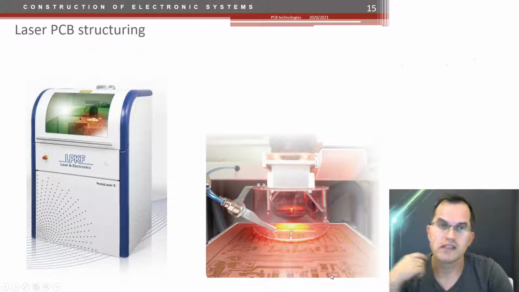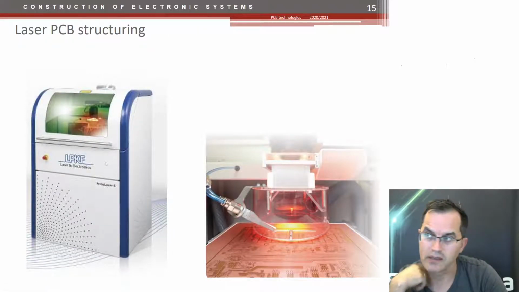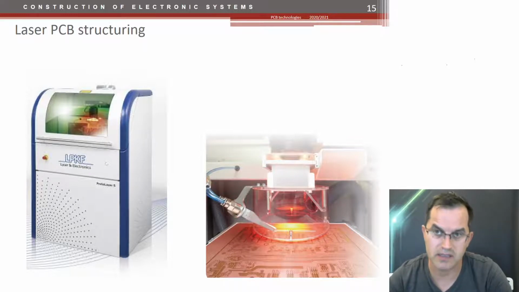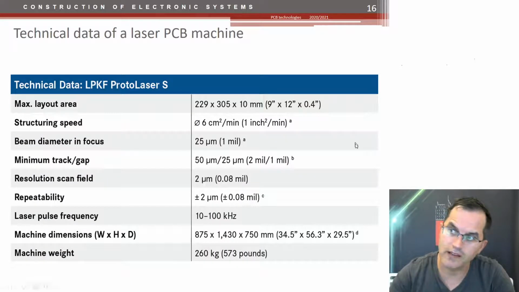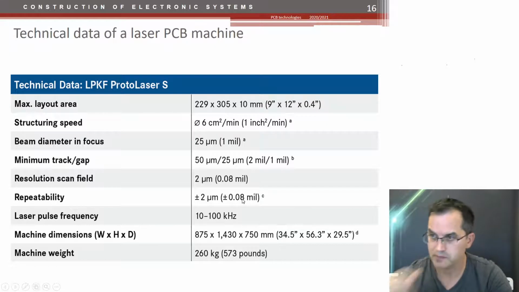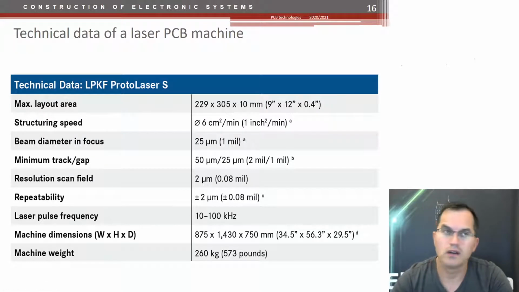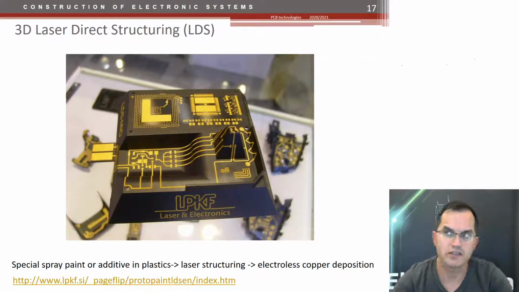You can also use laser structuring instead of mechanical. And this laser structuring, of course, is expensive, but you can make finer, smaller features. For uneven surfaces, you can also use 3D laser structuring.